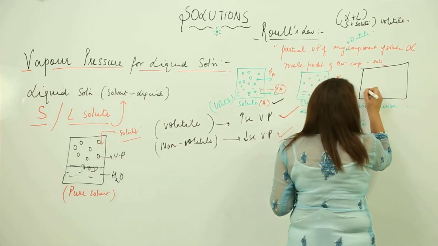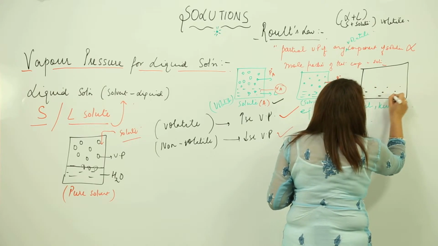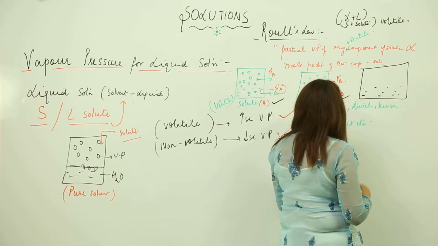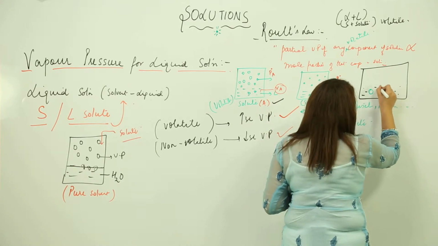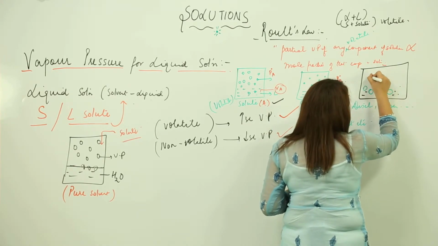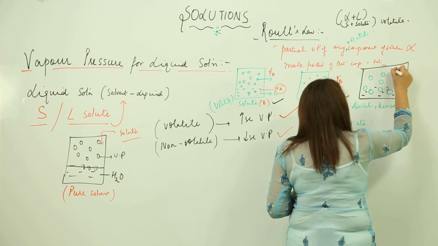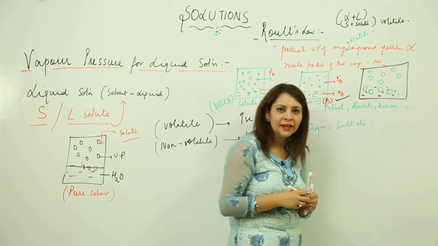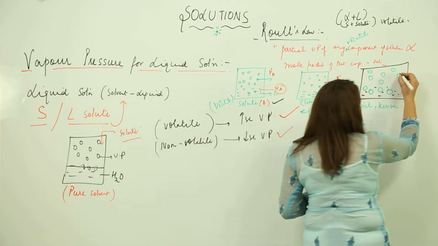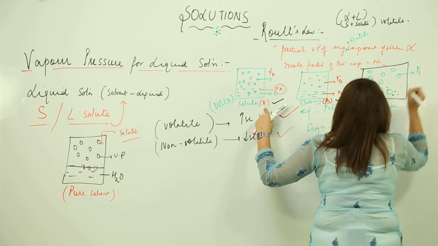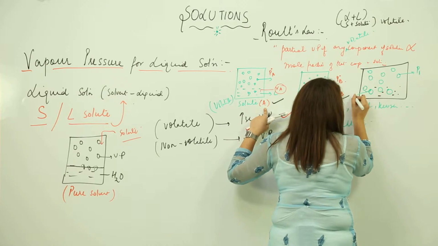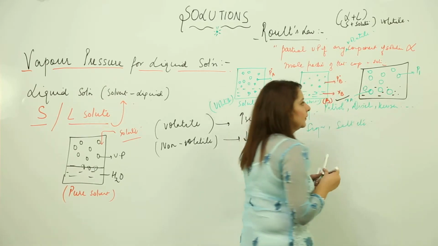We get the solvent and the solute particles, and as they are volatile, they will also occupy some space above. Let the pressure due to the solute be P1, with mole fraction XA.